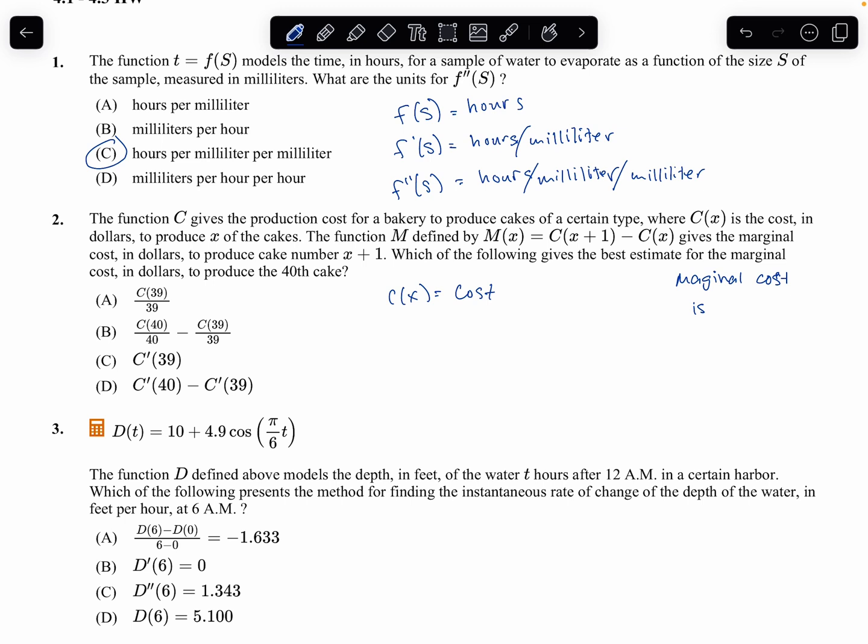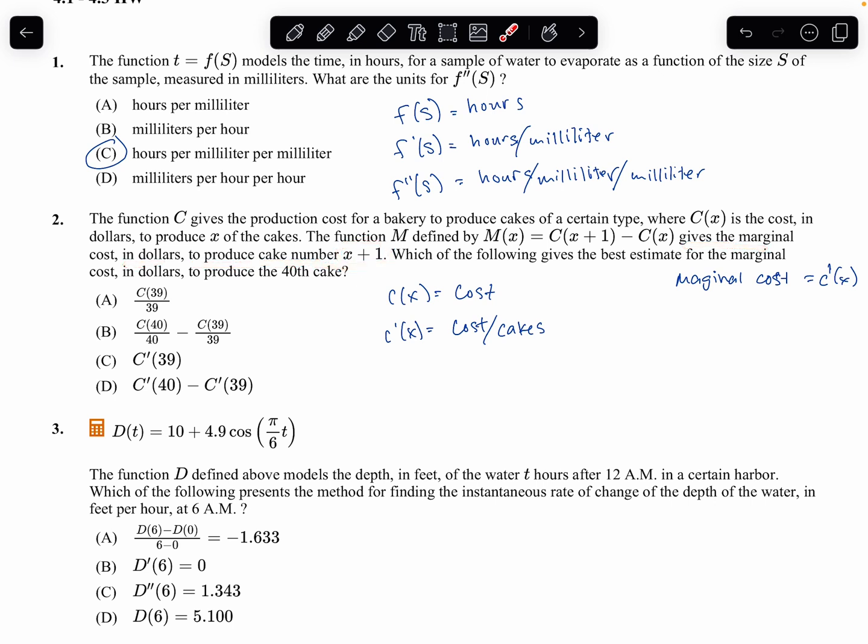Marginal cost is equal to c prime of x. Okay? Marginal cost is c prime of x. So c prime of x is going to be equal to cost per cakes. It gives the marginal cost in dollars to produce cake number x plus 1.